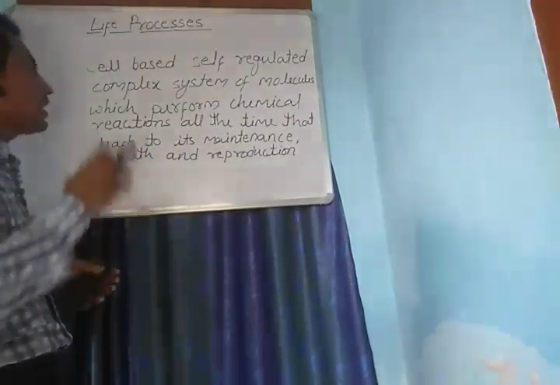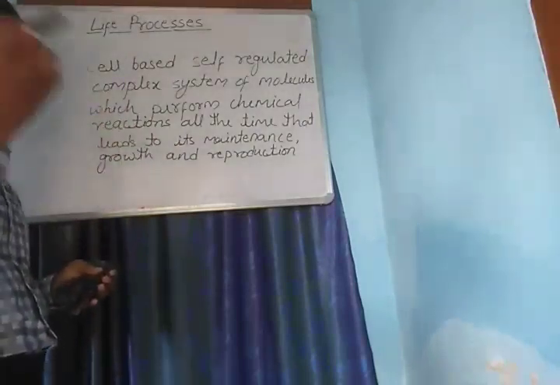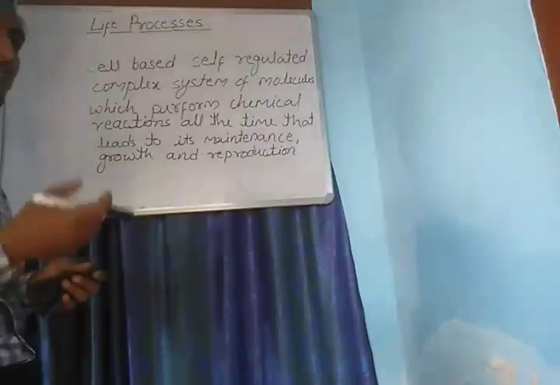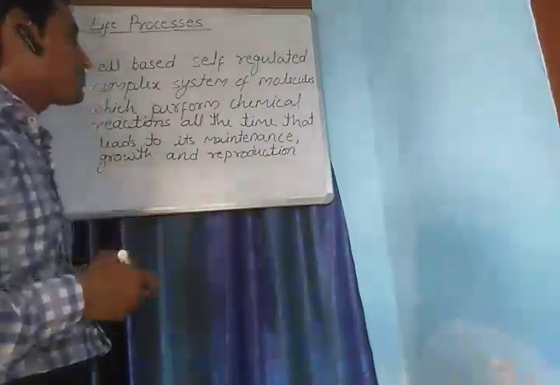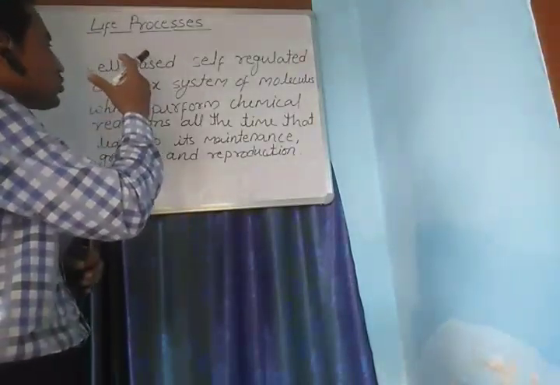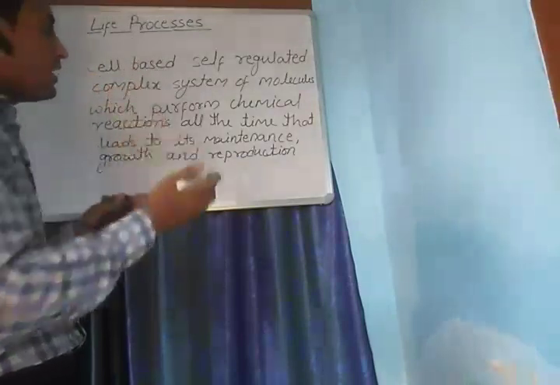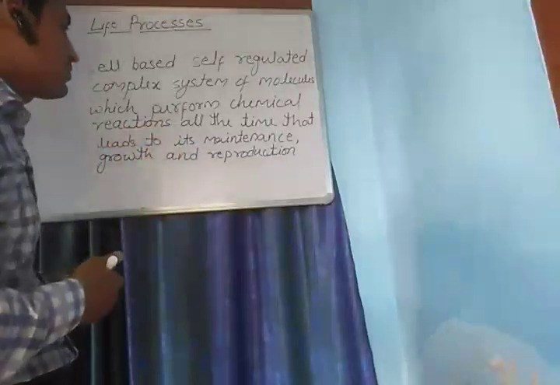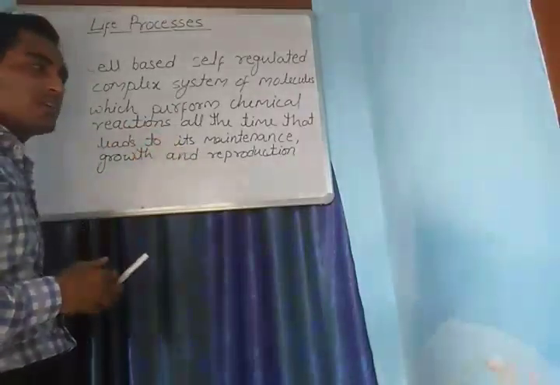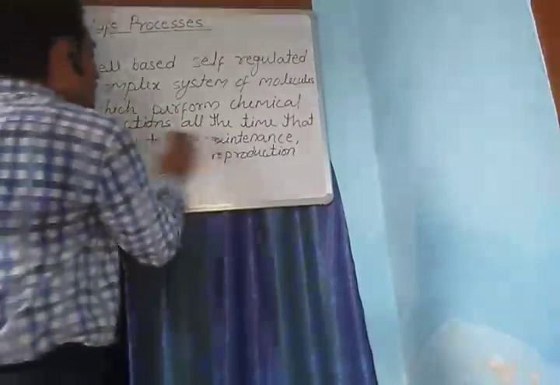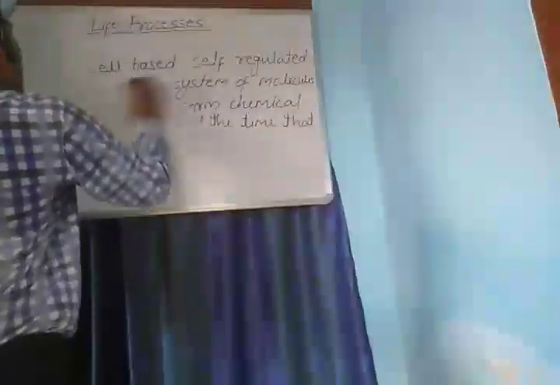So there are different characteristics of living things, like movement, reproduction, excretion, and nutrition. These are the characteristics of life, and among them movement is a defining criterion of a living organism. So let's discuss movement.